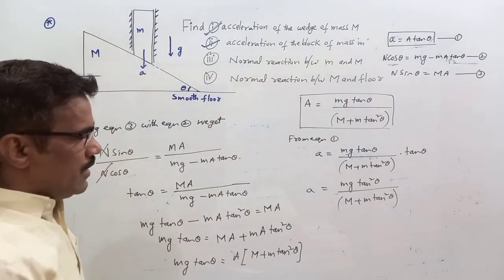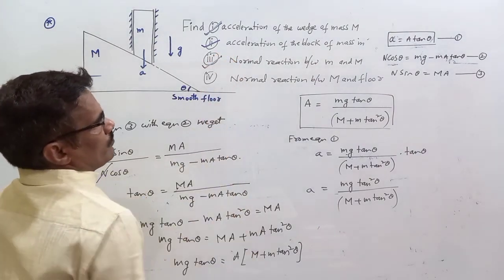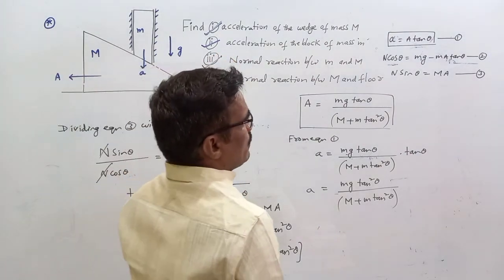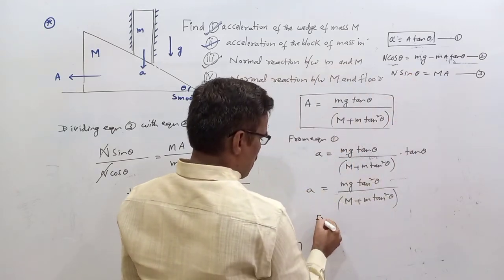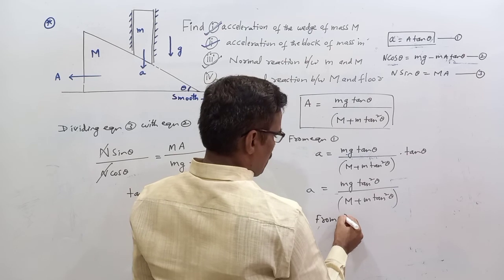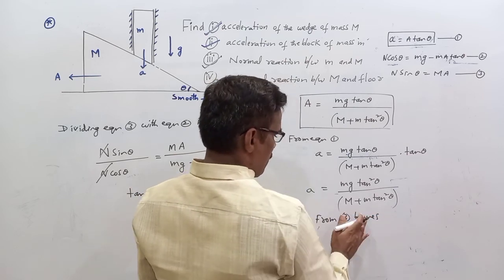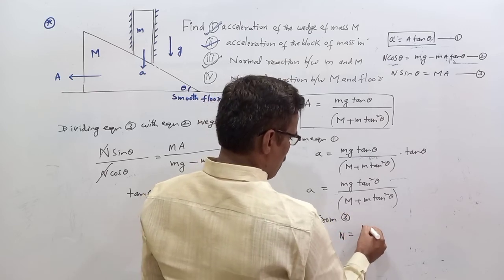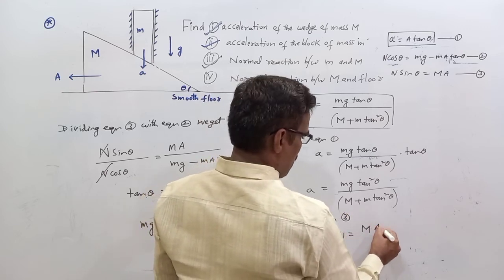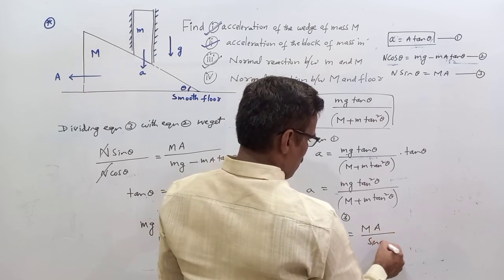Next, the normal reaction. From equation 3, N is equal to capital M A by sin theta.